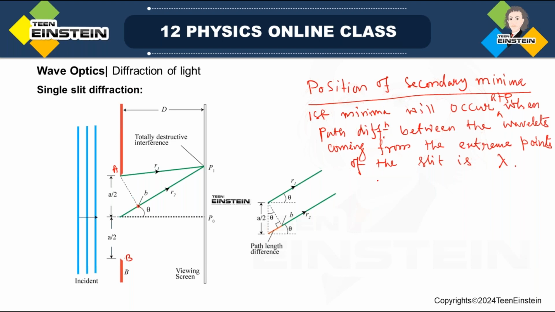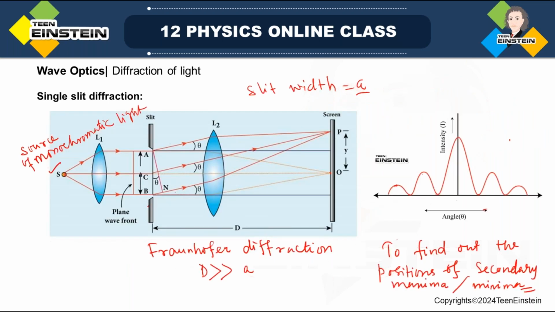This I'm just considering here. In fact this is the condition. We'll analytically justify why the path difference should be lambda from the extreme points. From here and from here the path difference has to be lambda. I think I'll just go to this figure itself.